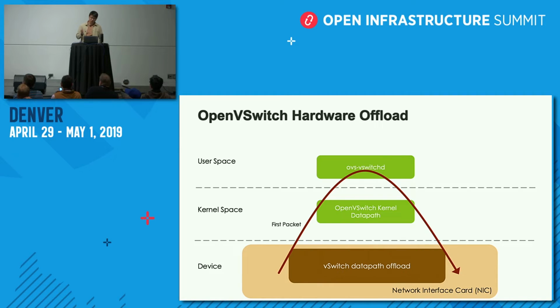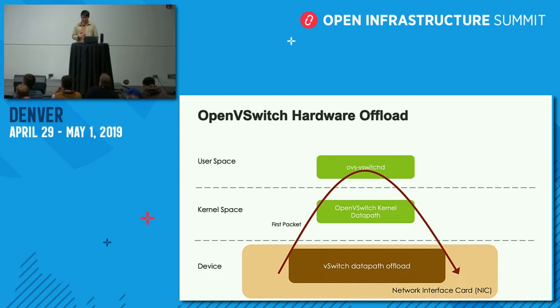In user space, OVS-VSHD determines how the packet should be handled and then tells corresponding data paths to cache the instructions for subsequent packets. But now there are two data paths, the kernel data path and the hardware data path. OVS-VSHD has to decide which data path to use to download the instructions.